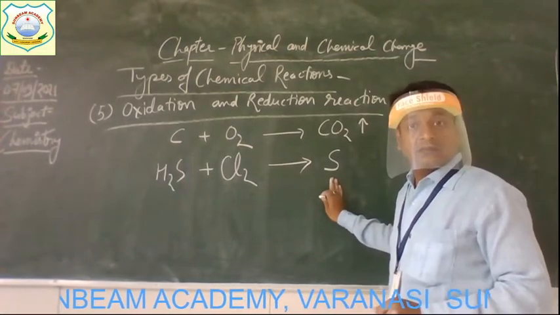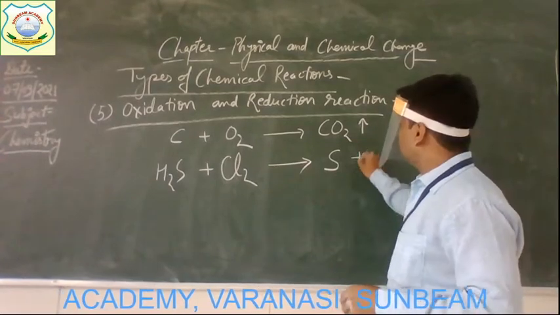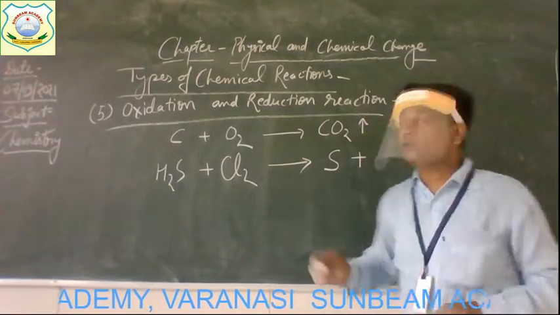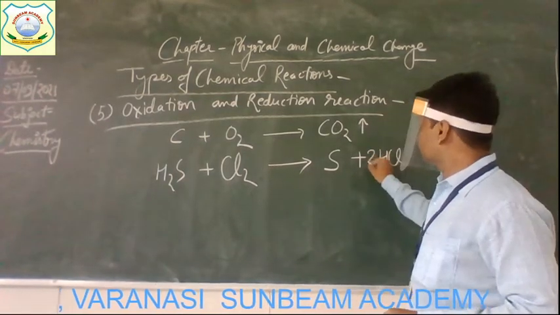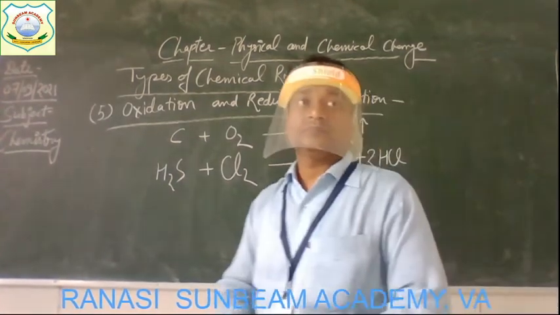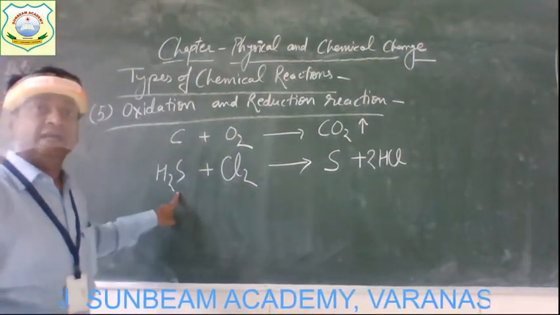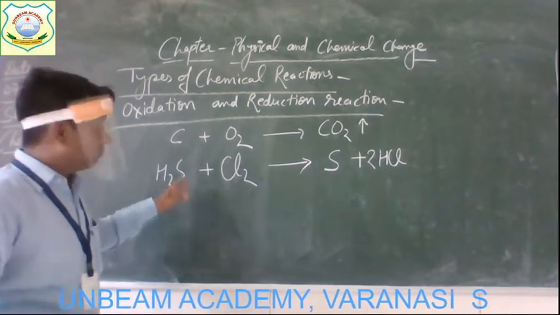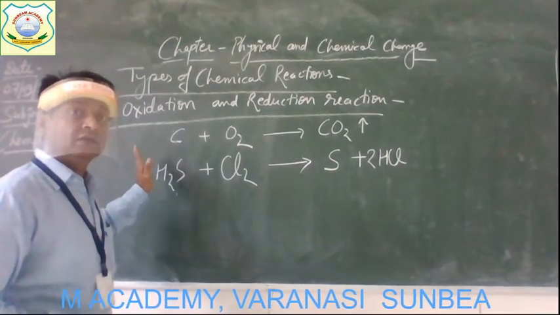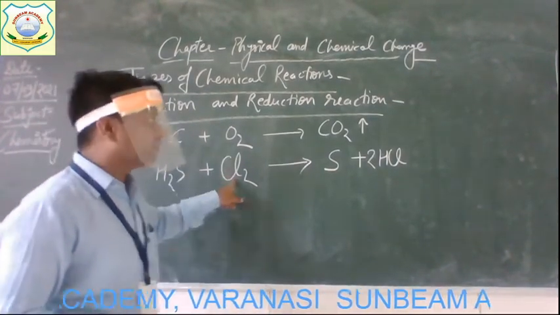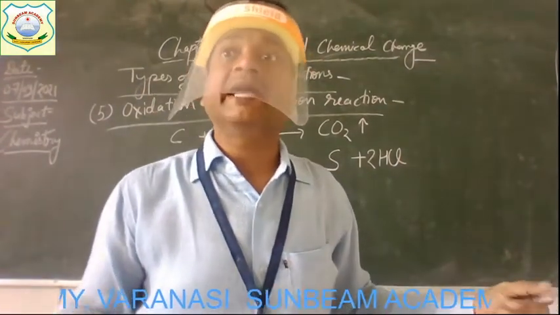Sulfur is separated and a new compound forms, that is hydrogen chloride. Earlier the hydrogen was with sulfur in hydrogen sulfide, but after the reaction, this hydrogen is removed from here and added with chlorine and forms a new compound, that is hydrogen chloride.